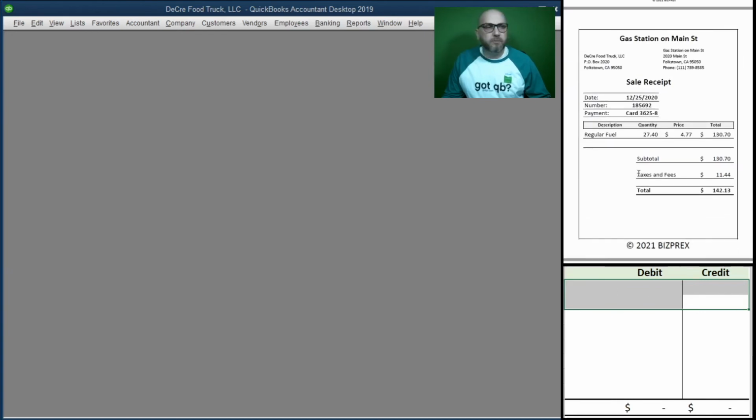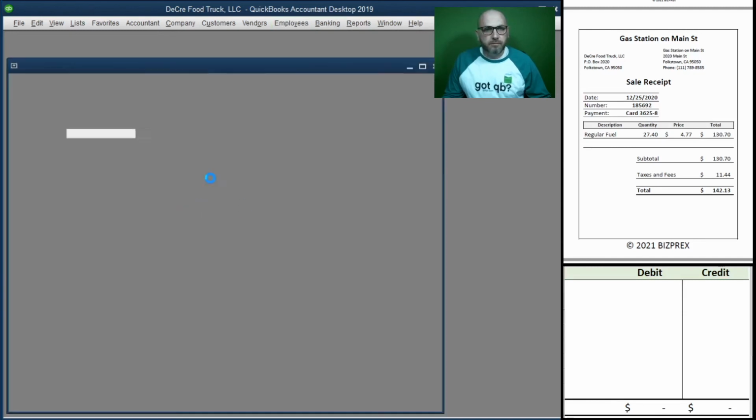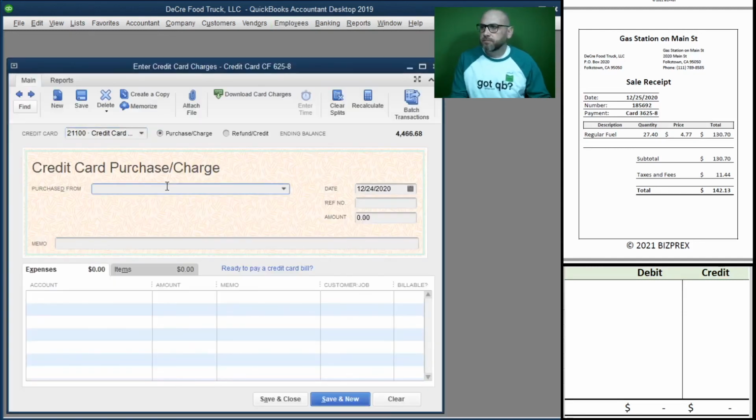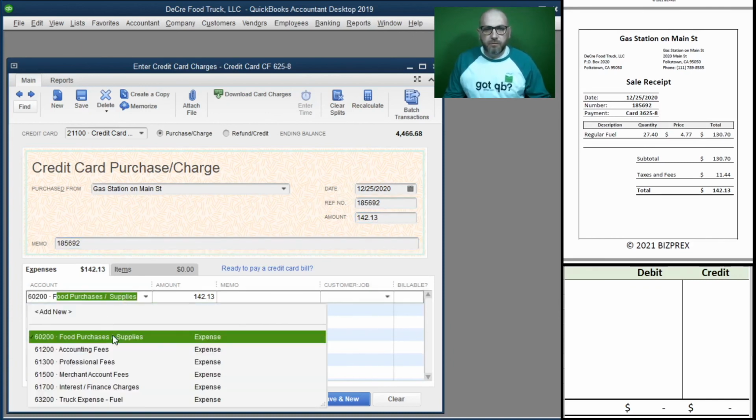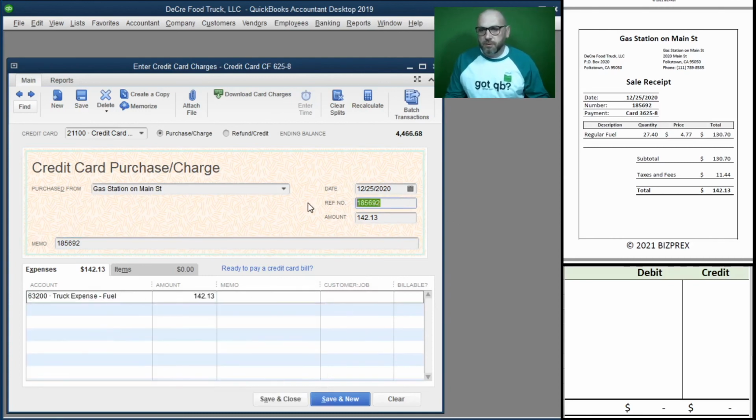Okay, we have a credit card receipt. Okay, filled up our truck with fuel, and expenses go up, and since we use the credit card, liabilities go up.